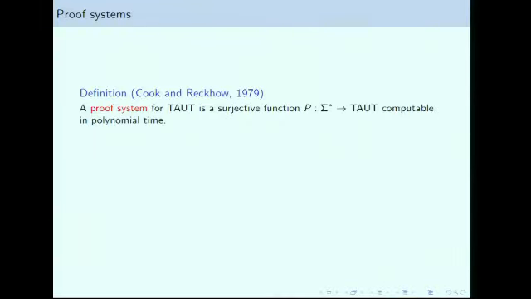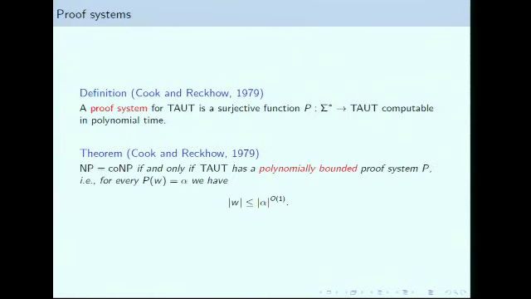I guess we have seen this definition of proof system, introduced by Cook and Reckhow. A proof system is simply a surjective function from finite strings to tautologies, an onto function, which is computable in polynomial time. The reason for introducing this very abstract notion of proof system is perhaps the following result.